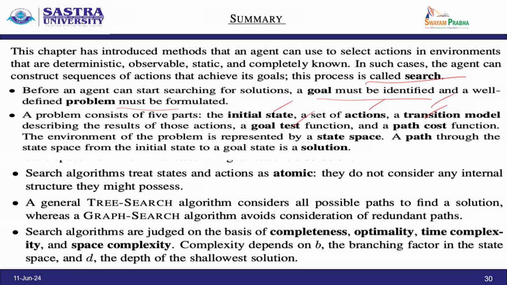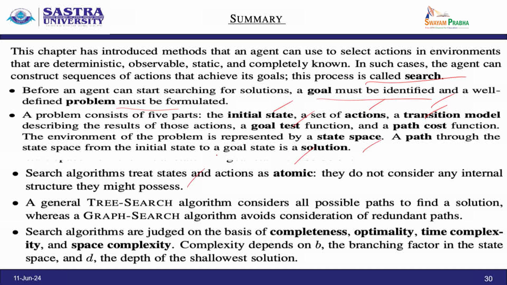The environment of the problem is represented by the state space. A path through the state space from the initial state to a goal state is a solution, and we need search algorithms that treat the states and actions as atomic. They do not consider any internal structure they might possess.